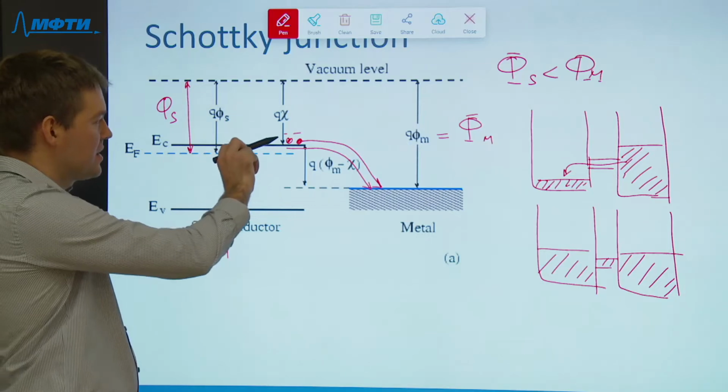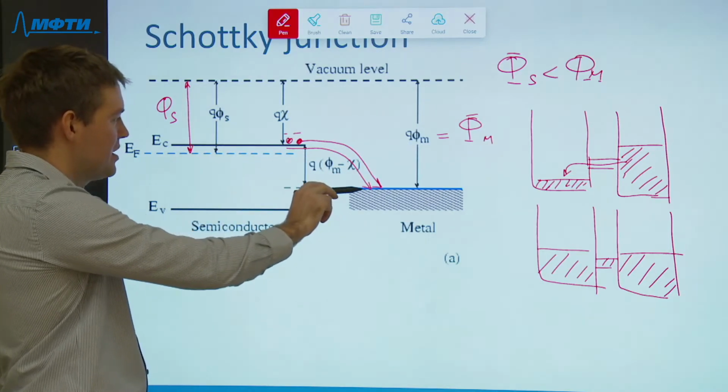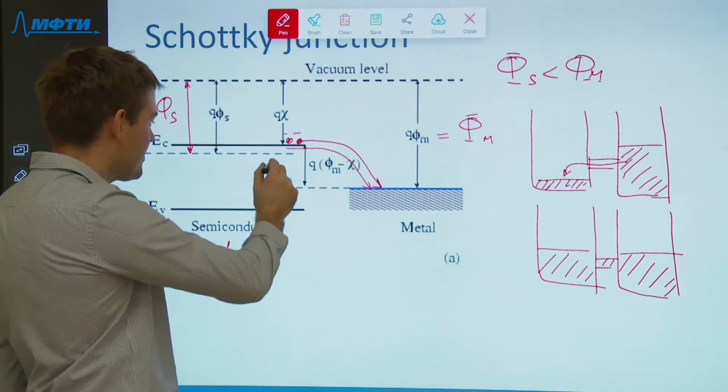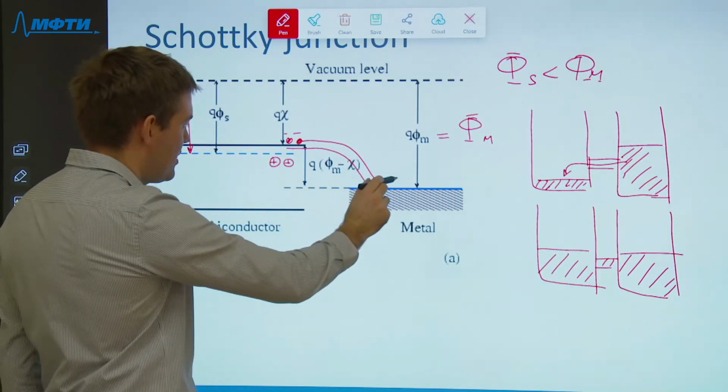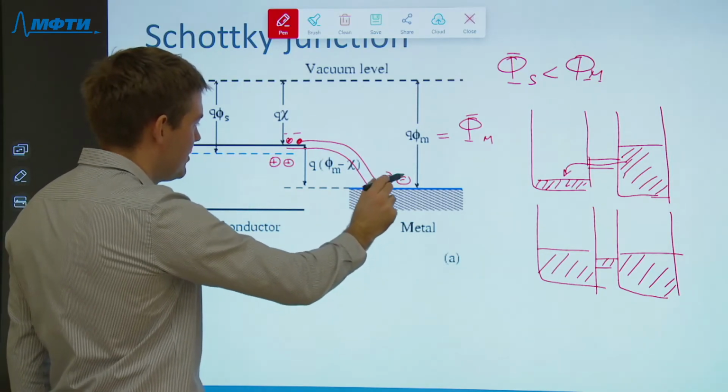When electrons leave the semiconductor, they leave a positive charge behind, and the metal becomes negatively charged.